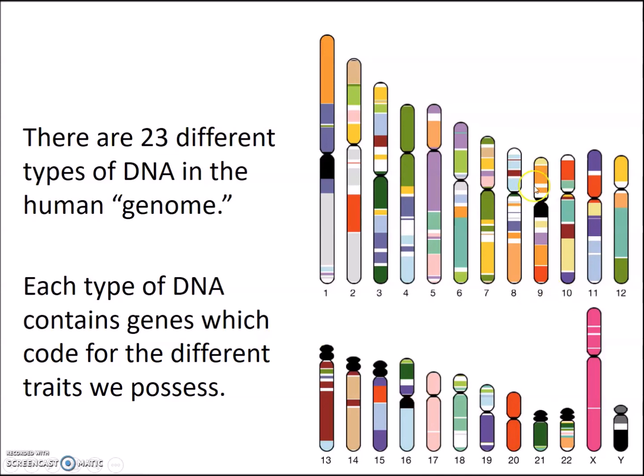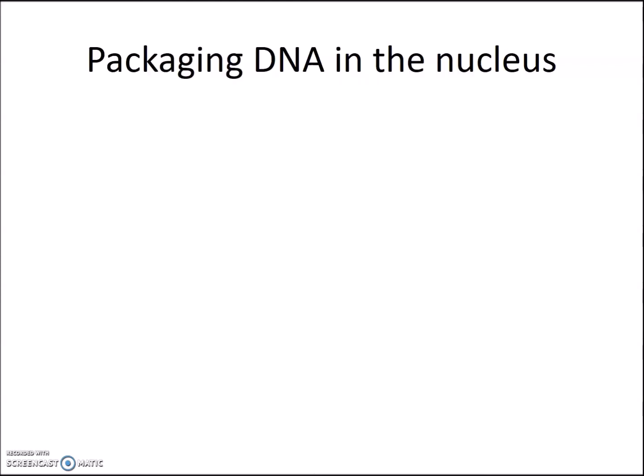You might wonder, why are these strands of DNA banded? What's with the stripes here? Well, each stripe conveys the idea that there are lots of different genes on every single type of chromosome. In fact, there are hundreds, if not thousands, of genes on every single piece of DNA.